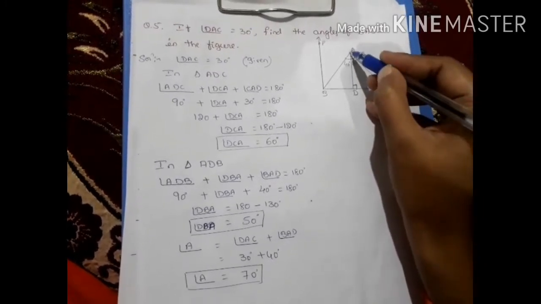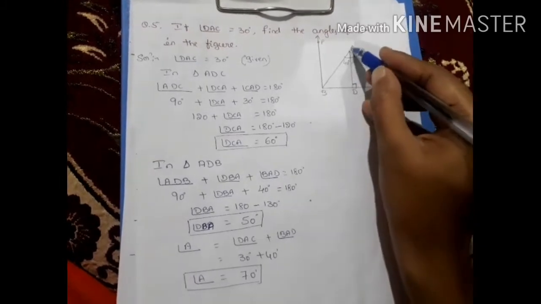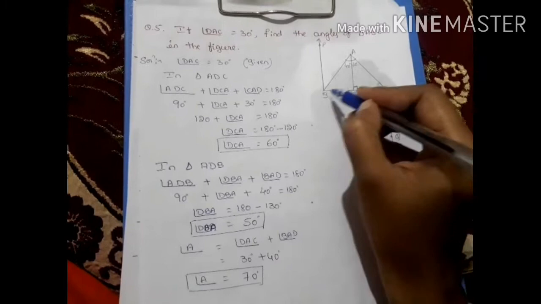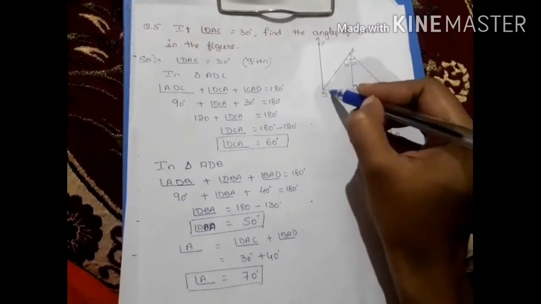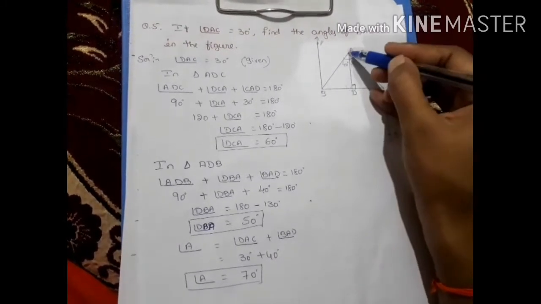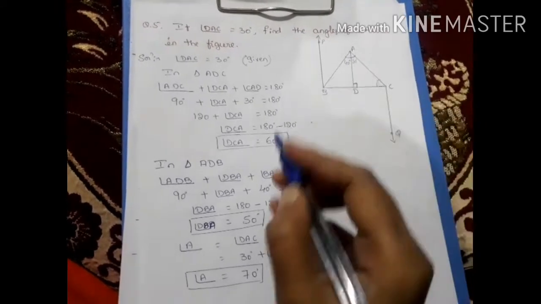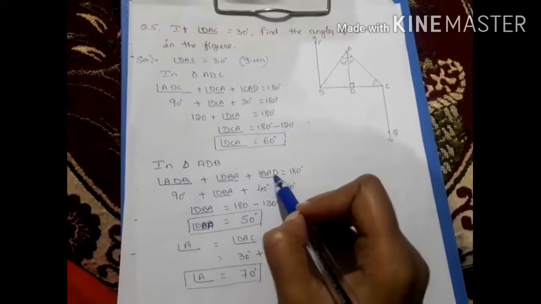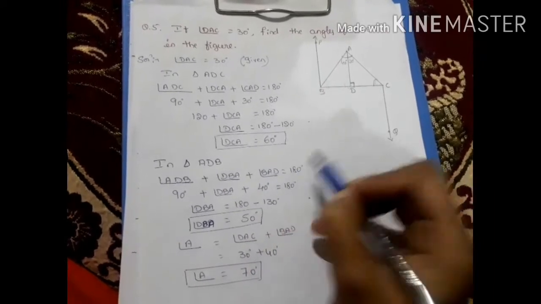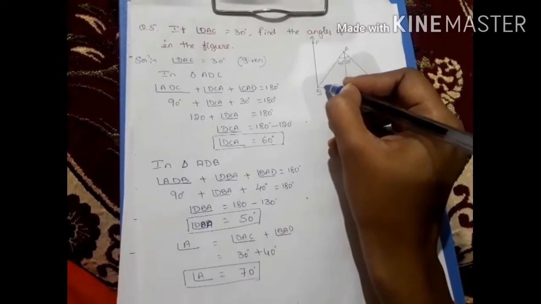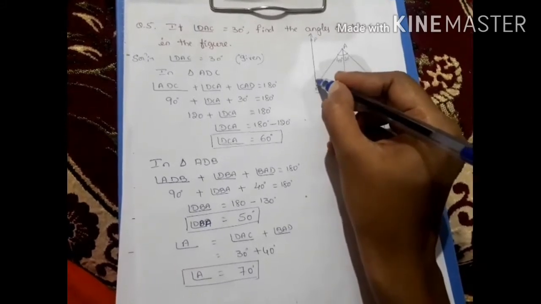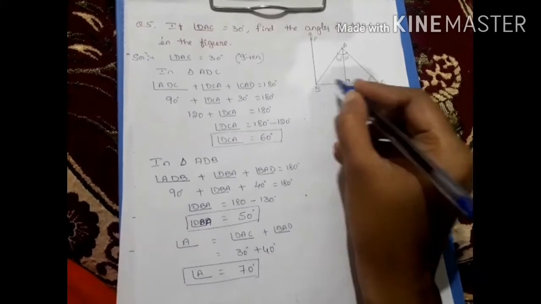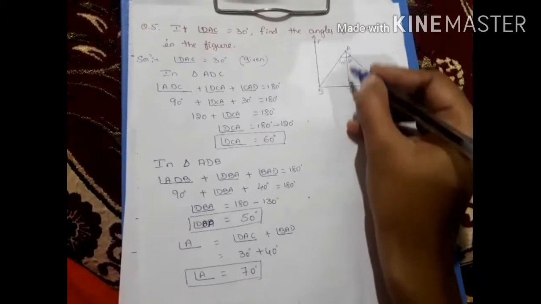Now write down angle ADB plus angle DBA, this angle, plus angle BAD is equal to 180 degrees. Don't write single angle B, children, because angle B is split into two angles. We can't represent only angle B. You have to write angle DBA.